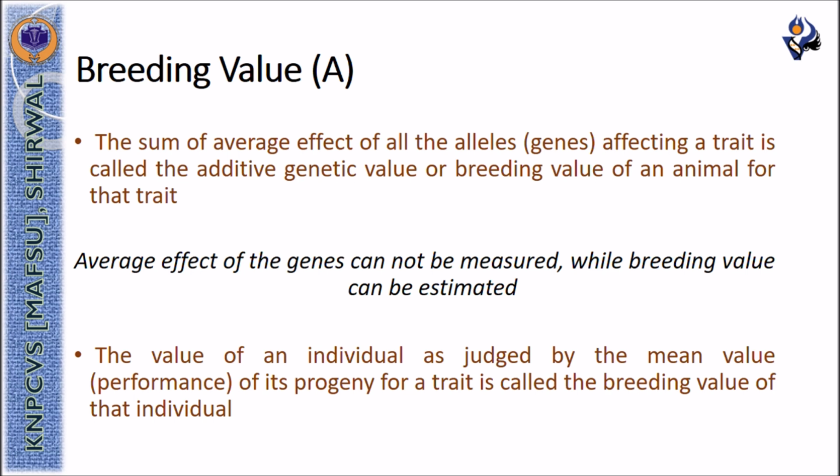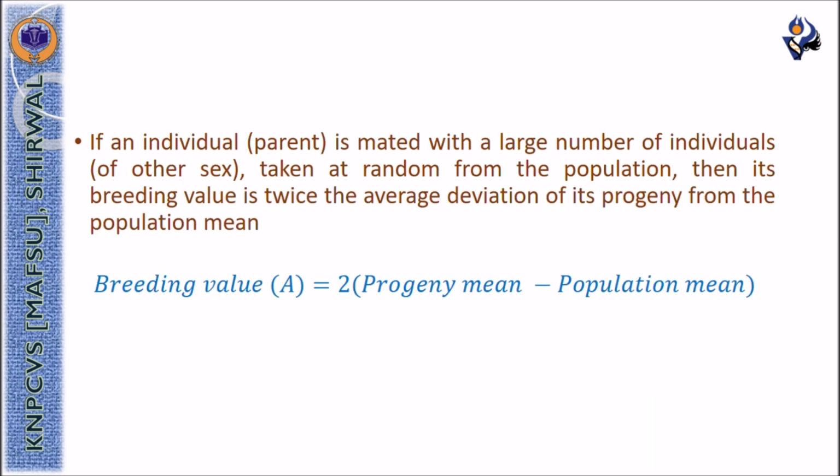The value of an individual as judged by the mean value of its progeny for a trait is called the breeding value of that individual. Suppose a parent is mated with a large number of individuals of the other sex taken at random from the population.